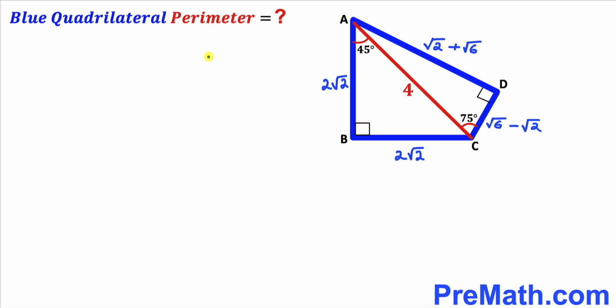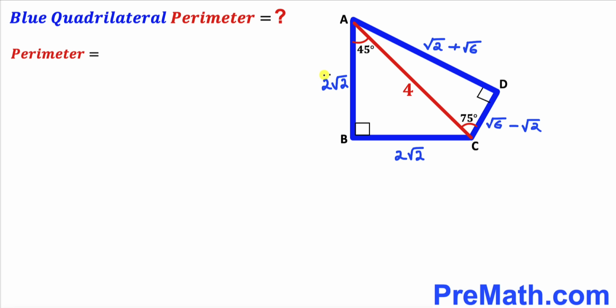And here's our final step. Now we are going to calculate the perimeter of this blue quadrilateral ABCD by adding all these individual side lengths of this blue quadrilateral. So let's go ahead and calculate the perimeter.